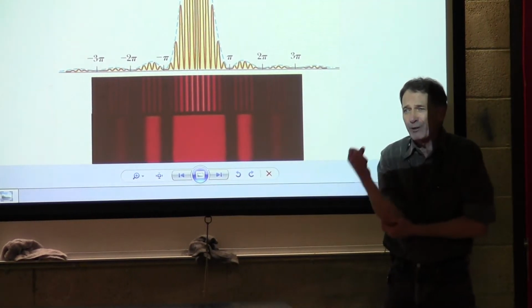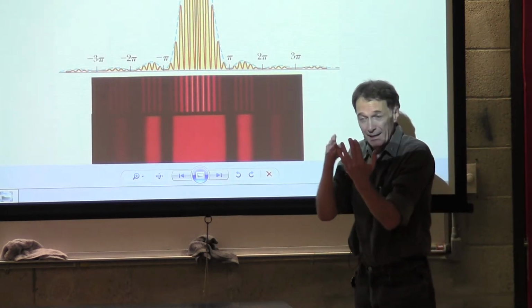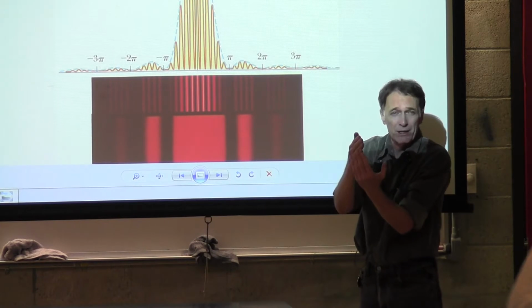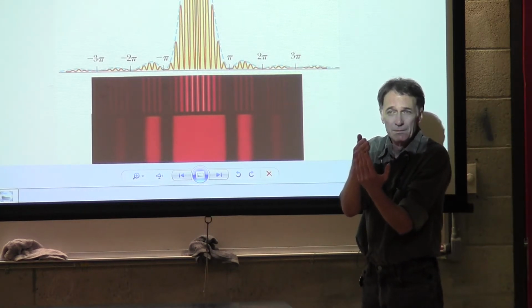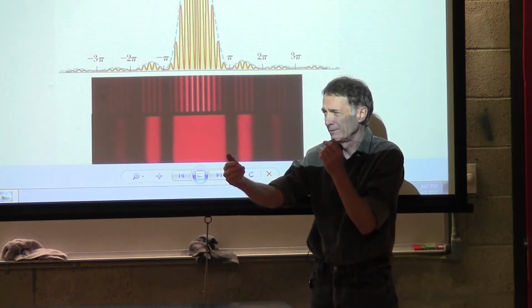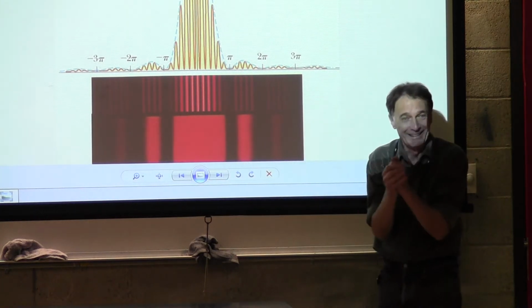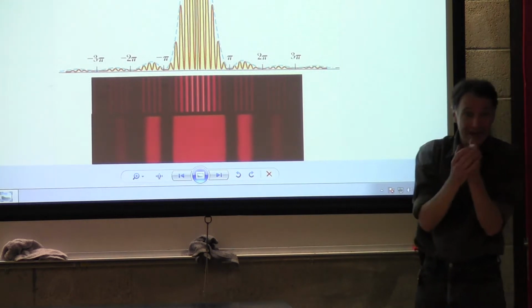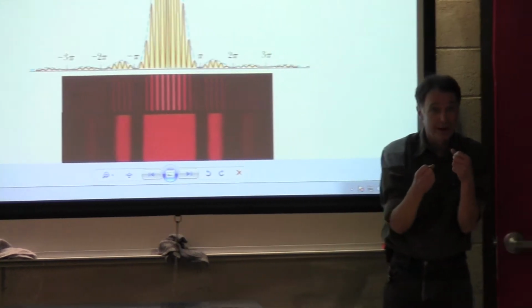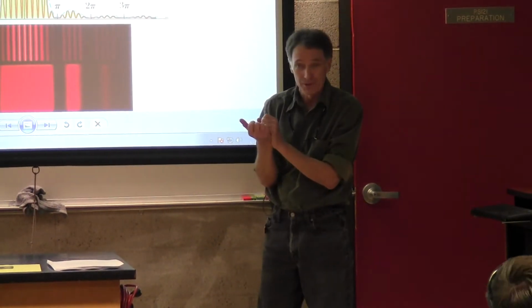How did the photon know, if it went through the left slit, that the right slit was open? Or if it went through the right slit, how did it know the left slit was open? It's a wave. Yeah, okay, exactly. This shows the wave-like nature, and it's very contrary to the particle-like nature.